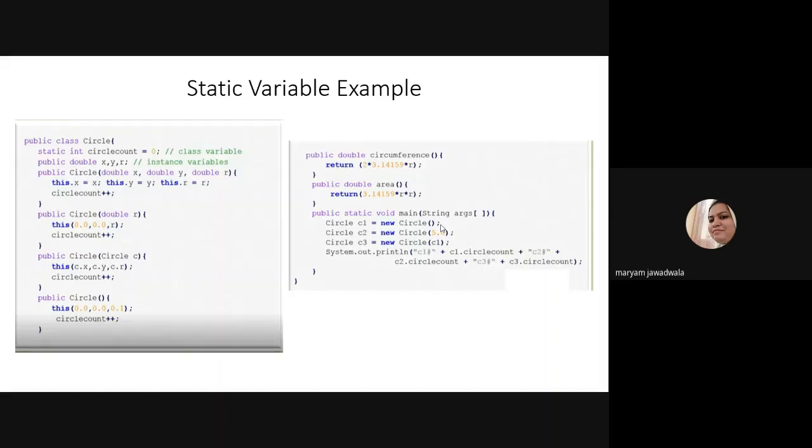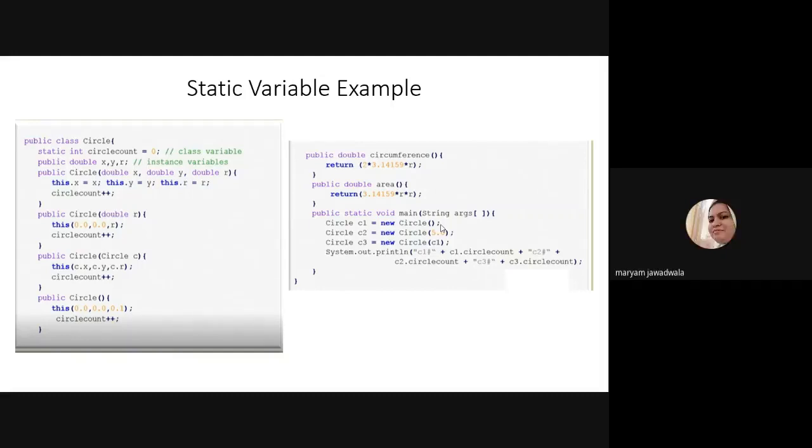But the scope of a global variable is visible to the entire class, or whatever class accesses that class. So it is global. Okay. So only a single copy of that variable is available to all the objects of the class. So try to understand with this example. This slide is visible to all of you.